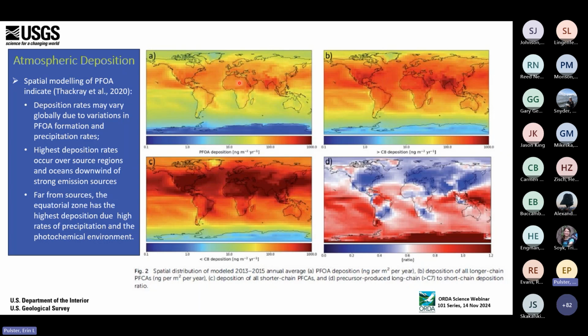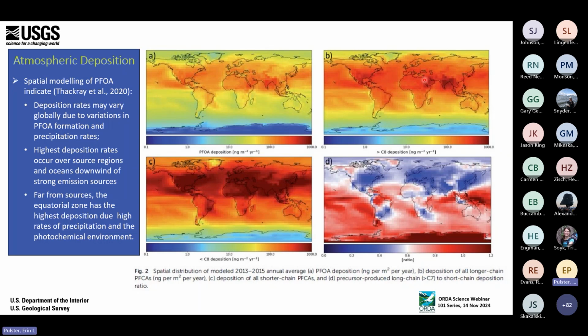Basically, the deposition rates of PFOA and any PFAS that is being transported is going to vary depending on that precursor terminal end product formation rates and the precipitation rates throughout the globe.